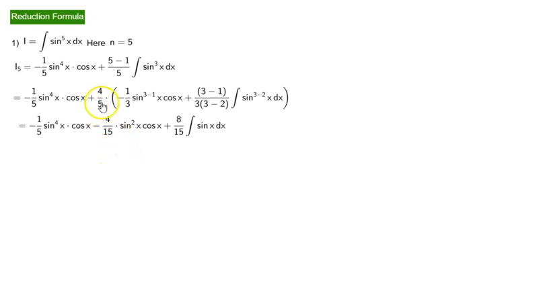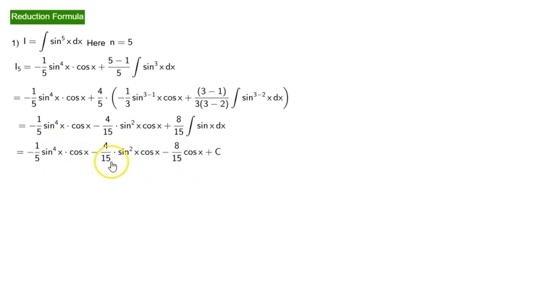Let's simplify that. We get 4 by 15, minus sine square x cos x, plus 3 minus 1 is 2, 4 times 2 is 8. 3 minus 2 is 1, times 3 is 3, 3 times 5 is 15, times the integral of sine x dx.